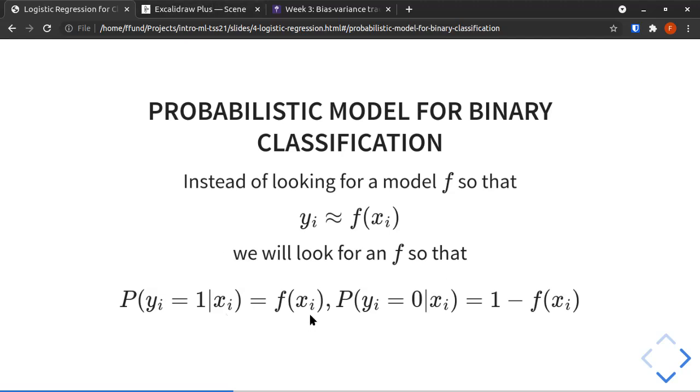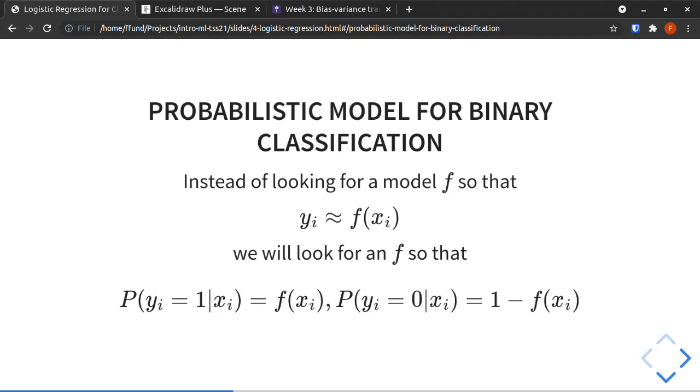So we're going to look for a function that takes as its input x, and produces f of x equal to the probability that x belongs to the 1 class, the positive class. Or alternatively, you could say that 1 minus f of x is the probability that x belongs to the 0 class. So instead of predicting y directly, we're going to predict the probability that y is equal to 1.